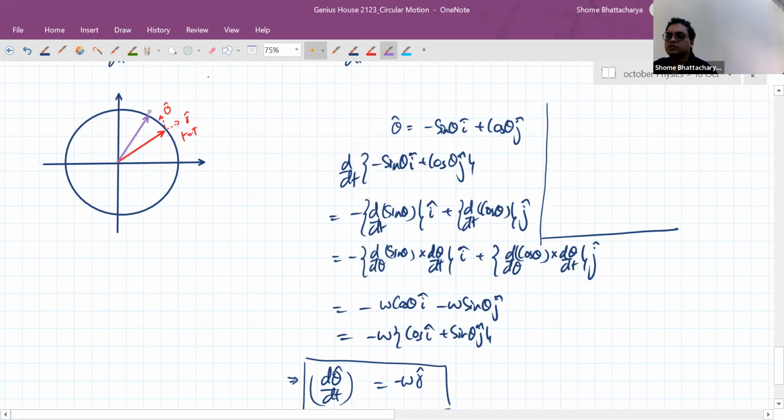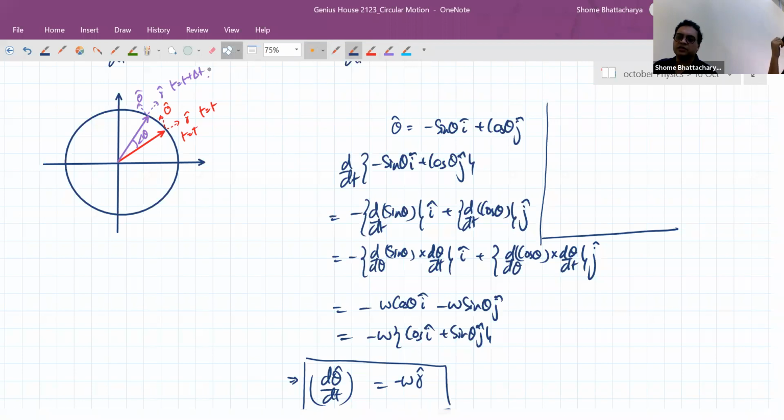So accordingly, the r cap has changed to this and my theta cap has changed to this. This is what is happening at t plus delta t. This was the case at t. The angle by which this whole vector has rotated is delta theta. So r cap and theta cap are also rotated by that. Now we are looking specifically at our theta cap, how it has changed.